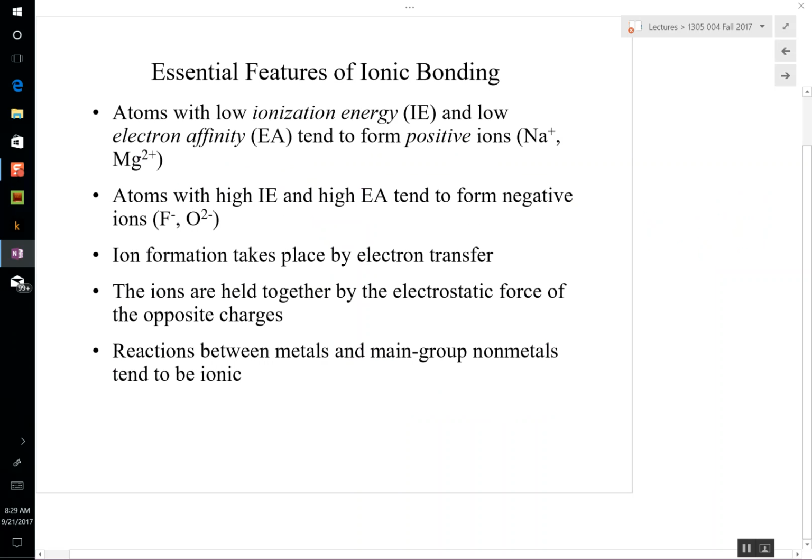Atoms with low ionization energies and low electron affinities, like sodium, form positive ions. Atoms with high ionization energies and high electron affinities form negative ions, and so they react with each other very readily and form ionic compounds.